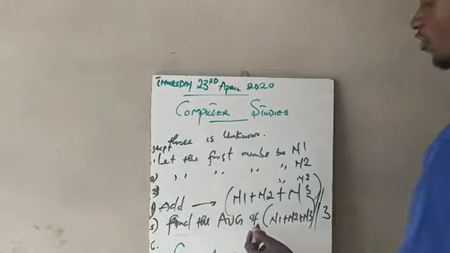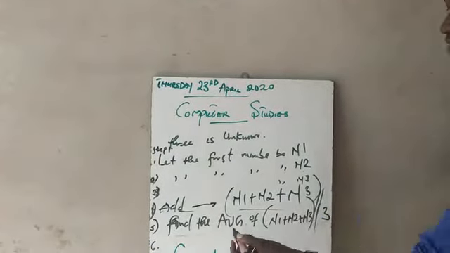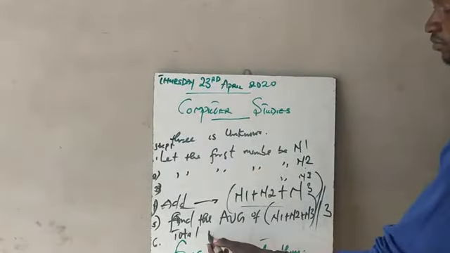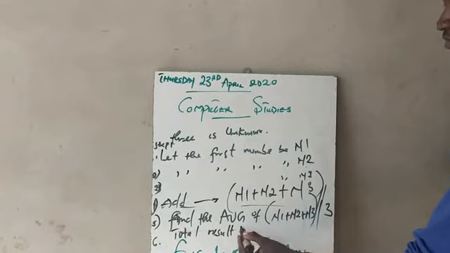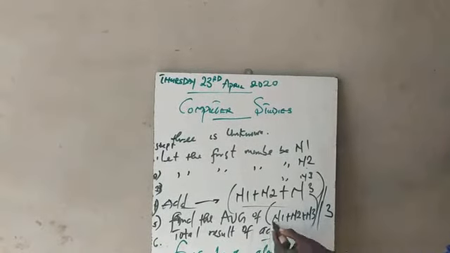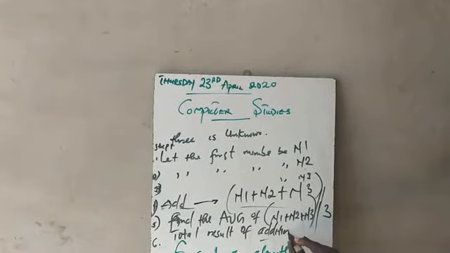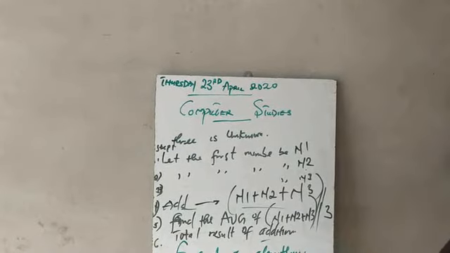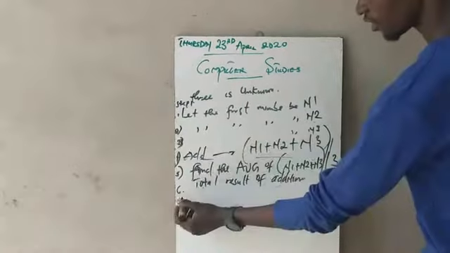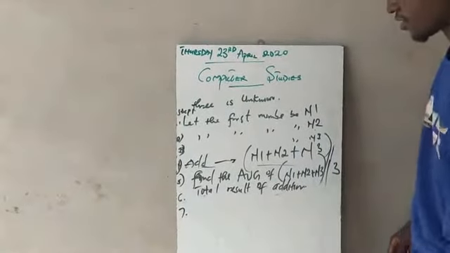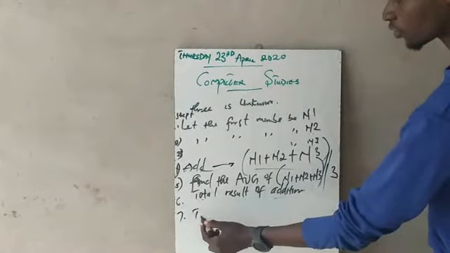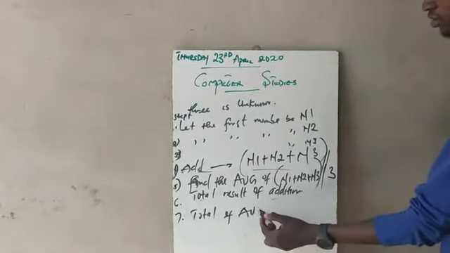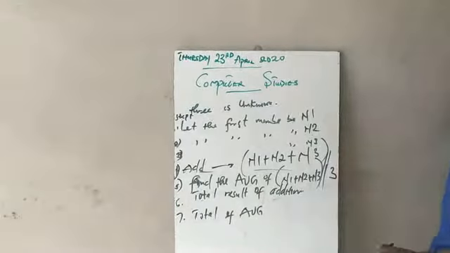Step 6. First of all, you have the total result of your addition. Then step 7, you have the total average.